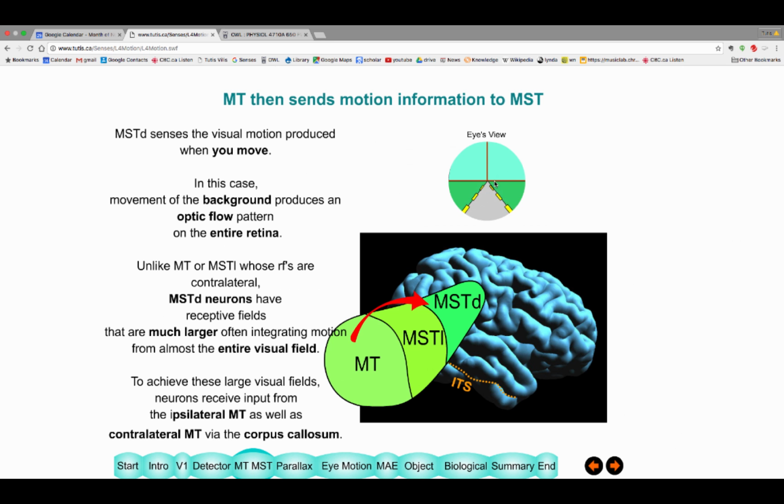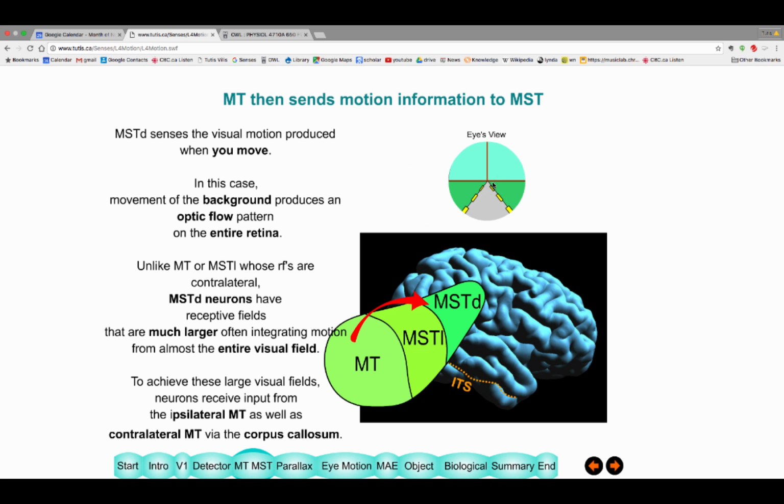You'd be looking here in the middle, and your entire visual field would be filled with things moving. So both things in your left visual field and your right visual field. And this pattern that you see will tell you that you're moving in this particular direction. And if the pattern changed, you'd sense that you're moving in another direction.